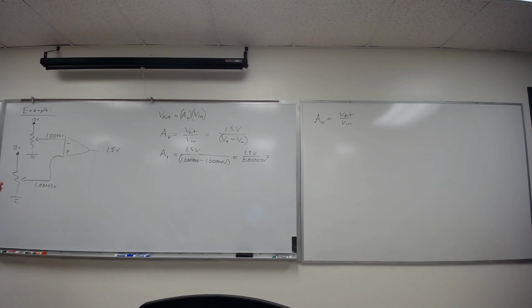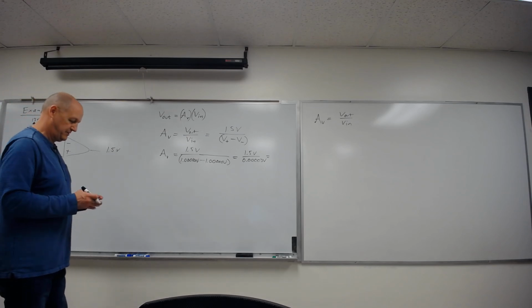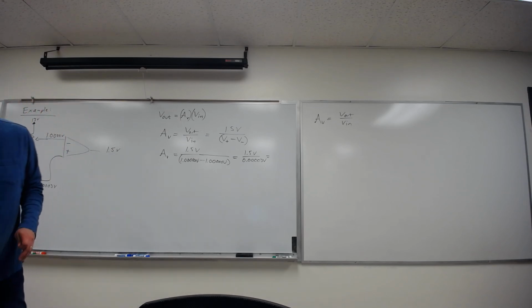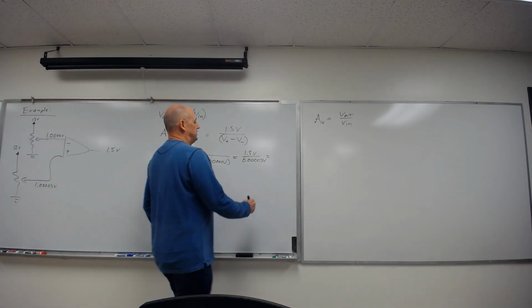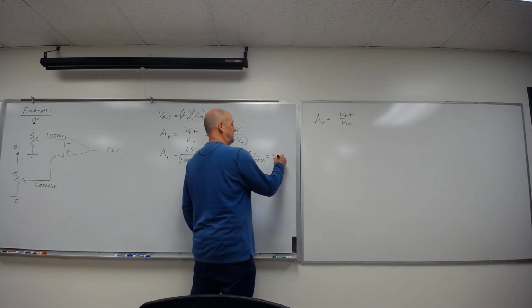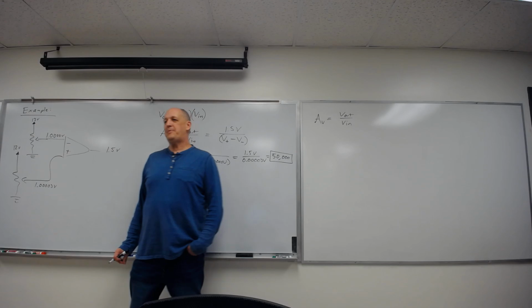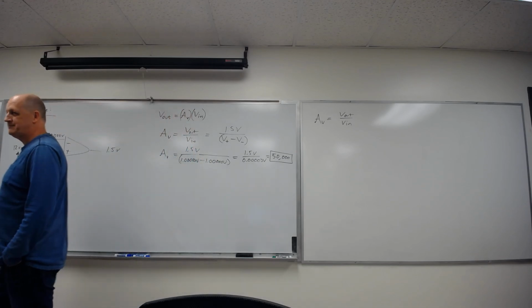So that will probably be a big number. I say probably, it's obviously a big number, right? 0.00003. So I get 50,000. So that op amp has a gain of 50,000.